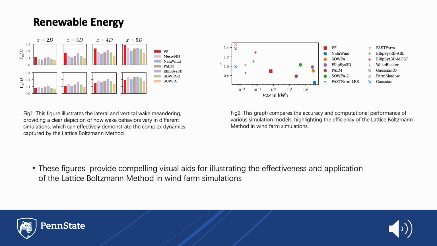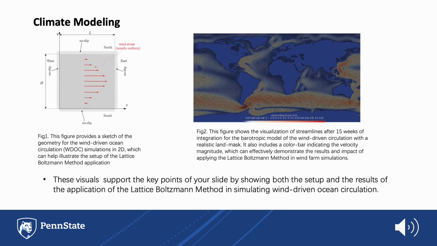Moving on to climate modeling, the lattice Boltzmann method significantly contributes to our understanding of complex weather patterns and ocean currents, thus enhancing the accuracy of climate models. This is crucial for predicting and preparing for extreme weather events. LBM is a cornerstone in several international cooperative efforts to improve global climate models.